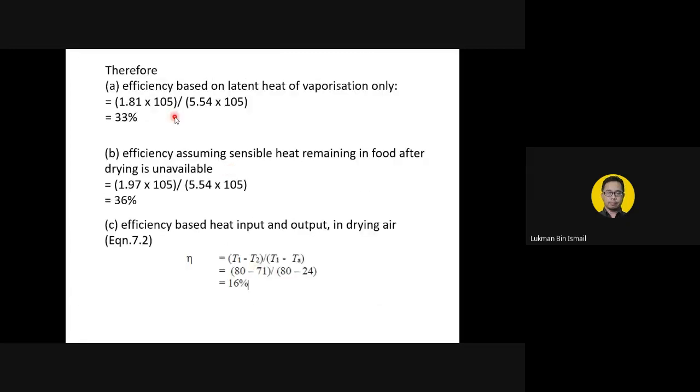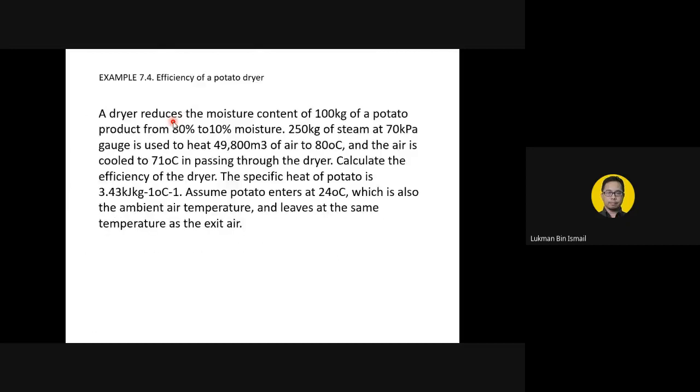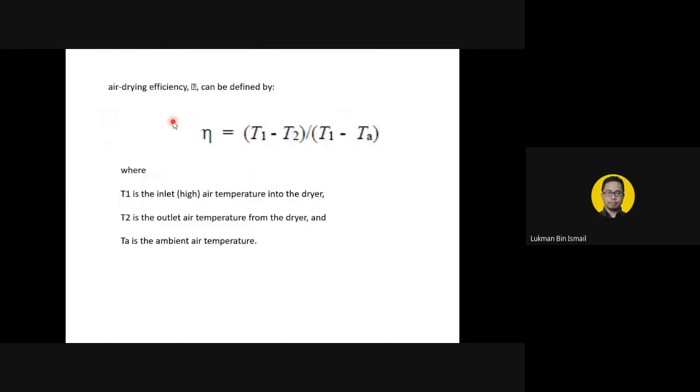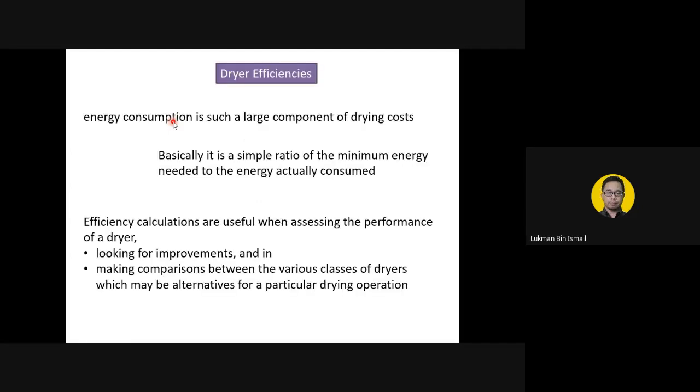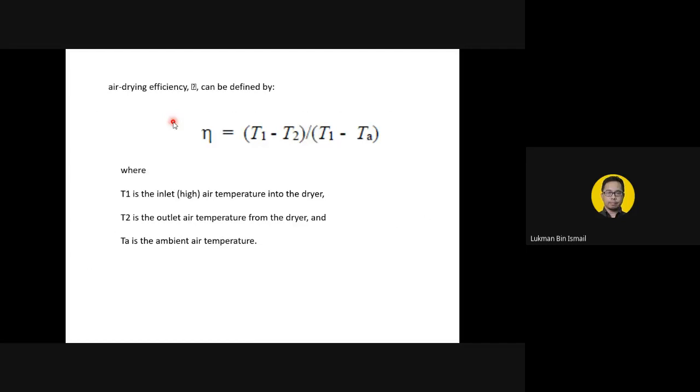Therefore, for the efficiency you have to use the formula: eta equals T1 minus T2 divided by T1 minus TA. So you have to use this formula.